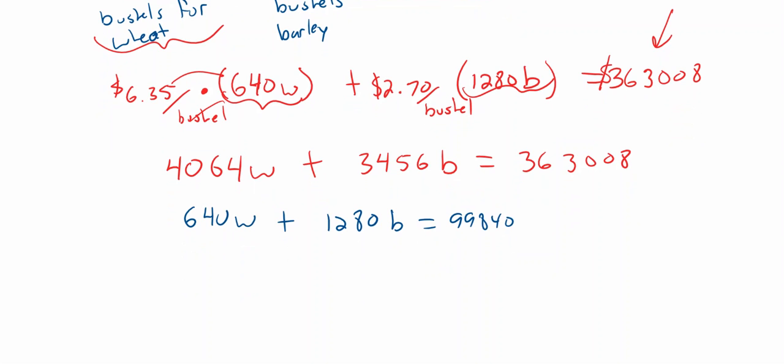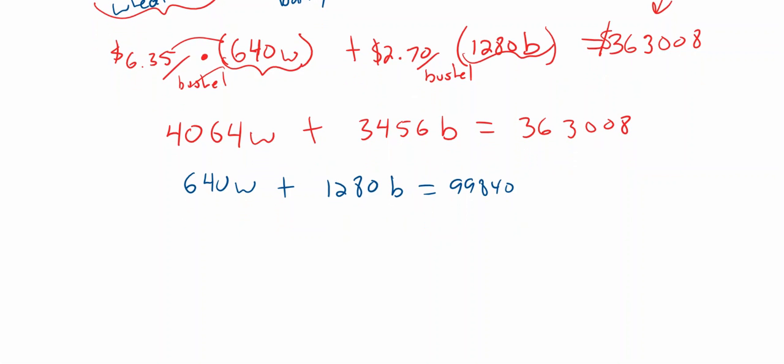All right, so now, doing different methods here, I could try to figure out if I can cancel something using elimination. I don't think that's going to work out so nice. So why don't we do the substitution method? There is probably no great one to use. I'm going to rearrange the blue one for W. So I'm going to bring this 1280B to that side.